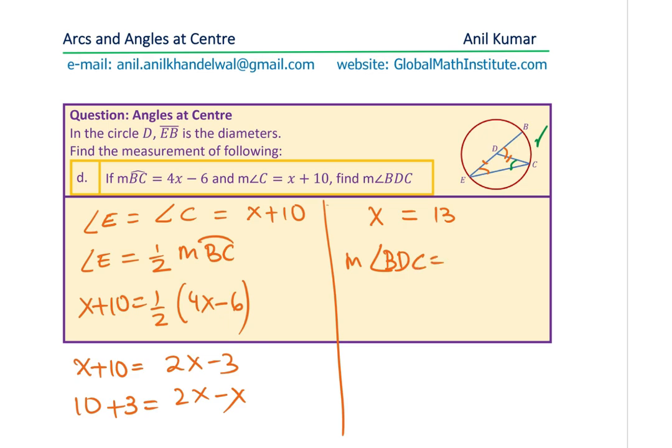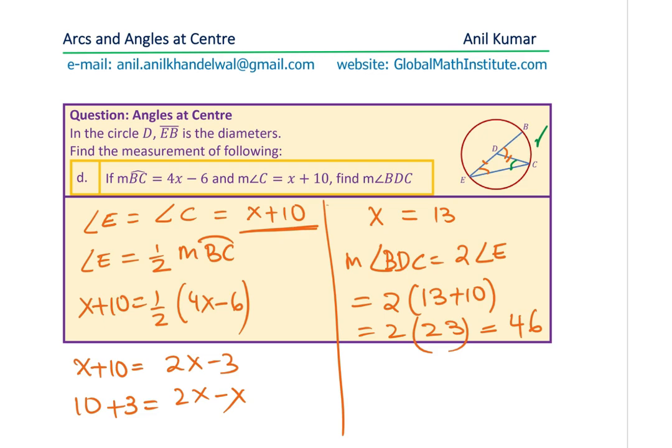Angle BDC is twice angle E, correct? So we have twice angle E, which is x plus 10, right? So we substitute 13 for x and we get twice 23, and that gives you the angle of 46 degrees. Do you see that? So the angle which we need to find, BDC, is basically equal to 46 degrees. Is that clear to you?